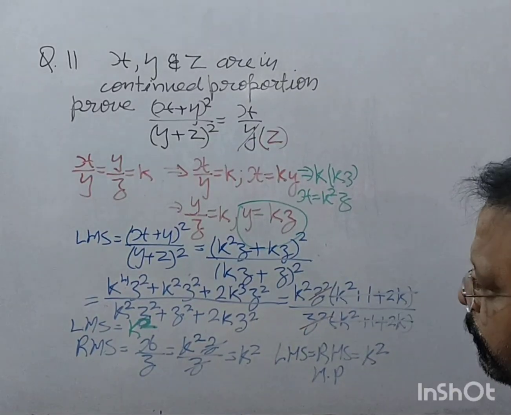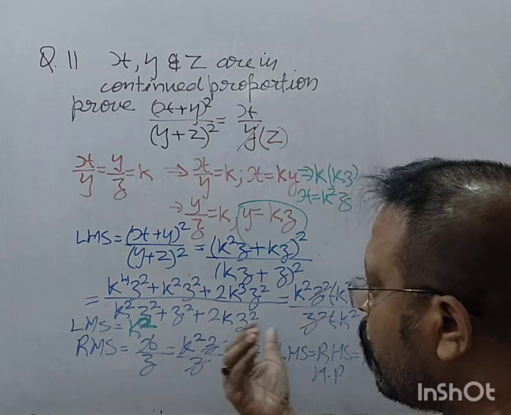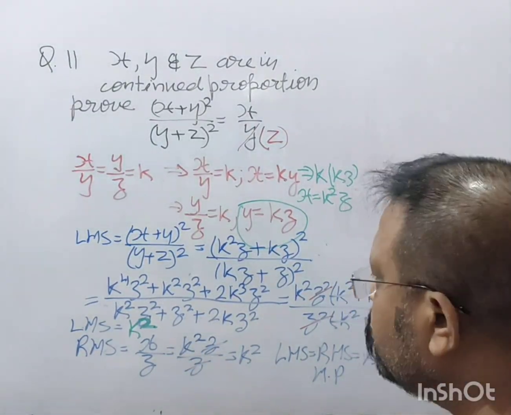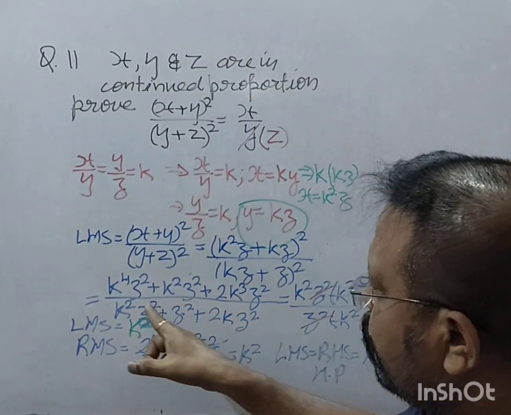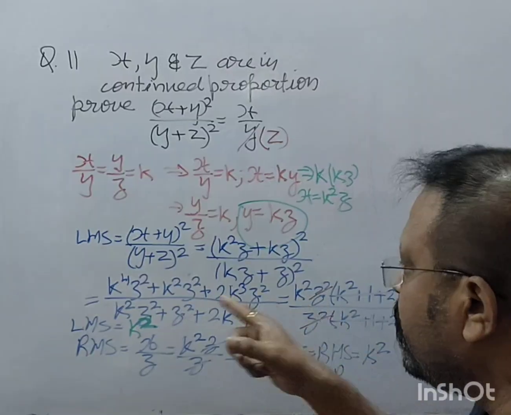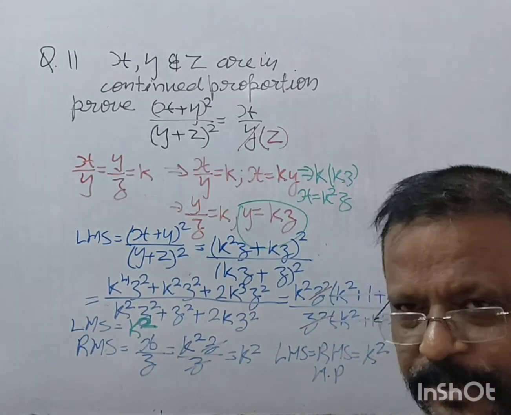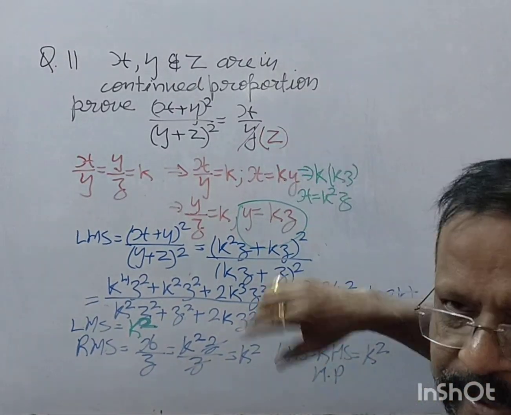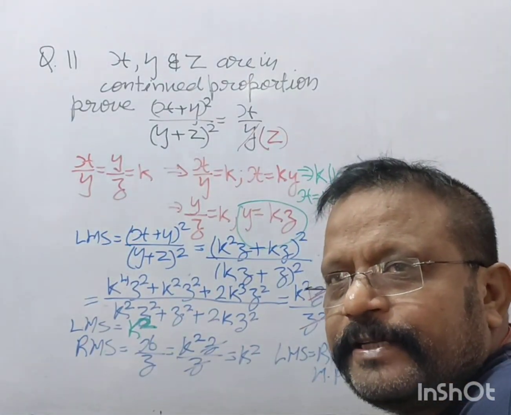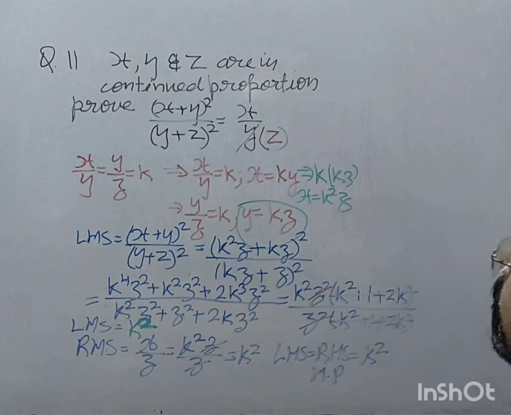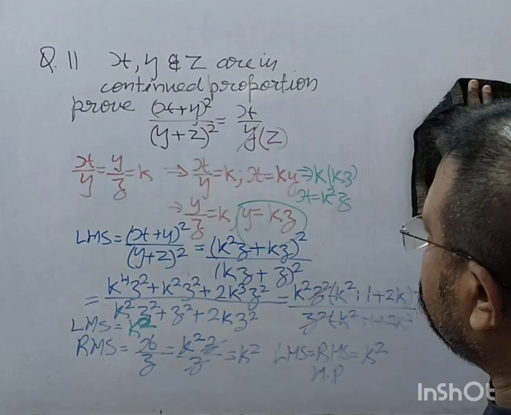No way we are getting k. Actually when we take common, always take the lowest value. The lowest value of k is k square, so I take k square. The lowest value of z is z square, so I take z square. After that we are getting the same k square plus 1 plus 2k. So it's not possible. It means there is a printing mistake there. It must be x upon z. Then we can reach here. I hope this must be. So this is the question.